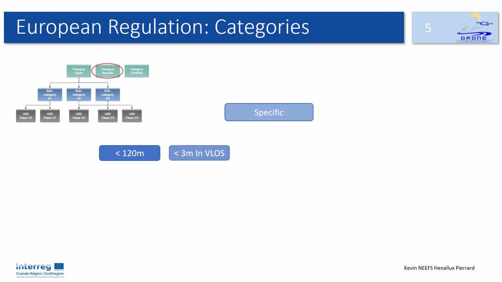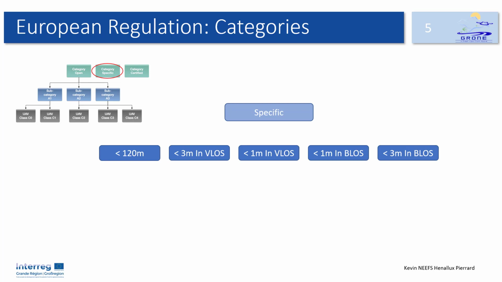The drone must have a maximum characteristic dimension up to 3 meters in VLOS, visual line of sight, over controlled ground area except over assemblies of people, or maximum characteristic dimension up to 1 meter in VLOS except over assemblies of people, or maximum characteristic dimension up to 1 meter in BVLOS, beyond visual line of sight, over sparsely populated areas, or maximum characteristic dimension up to 3 meters in BVLOS over controlled ground area.